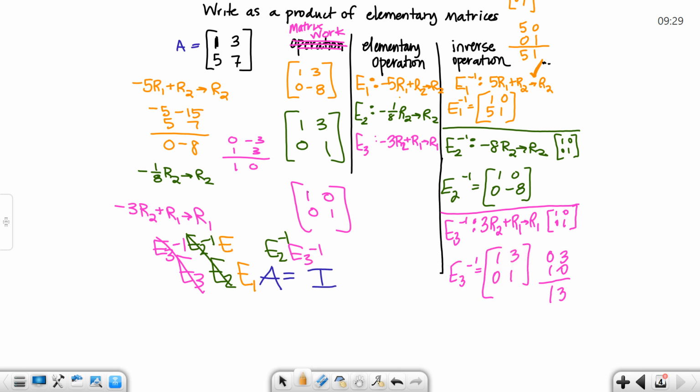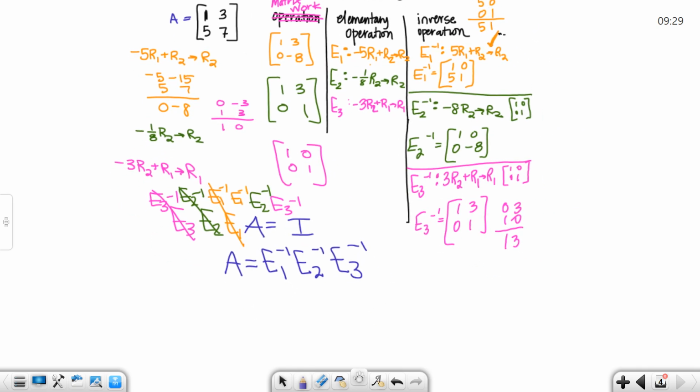Then I do E1 inverse. That one's next. So what I get from that is that A equals E1 inverse, E2 inverse, E3 inverse times I, and I is just like multiplying by 1, so you can either put it or not, it doesn't matter. And that's going to be my answer.